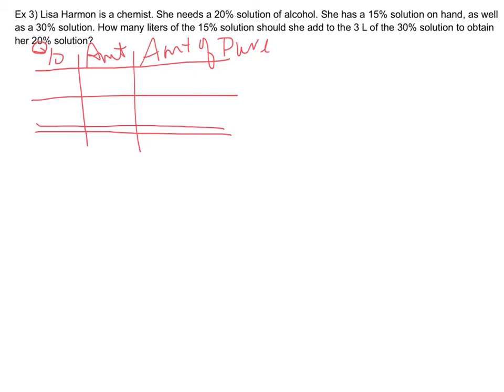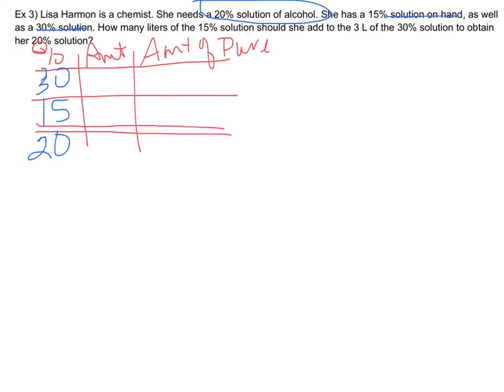She needs a 20% solution of alcohol. So if I need a 20% solution, that's what I'm going for, and that's the amount that I want. She has a 15% solution on hand as well as a 30% solution. So you know that we have a 30% solution and a 15% solution.